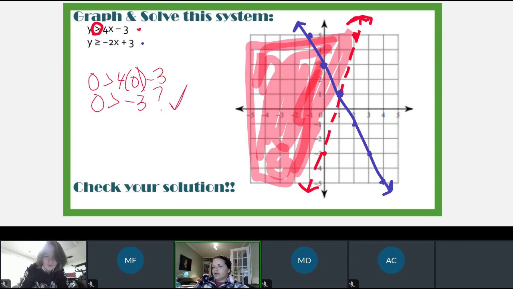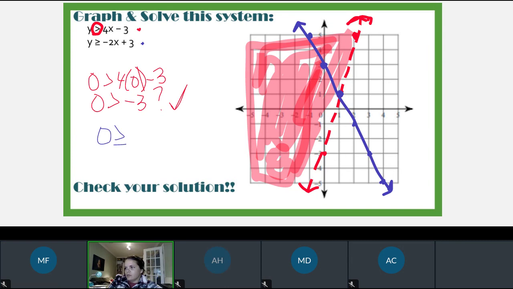Okay, now let's use 0, 0 as our test point again. So we have 0 is greater than or equal to negative 2x plus 3. But remember, instead of plugging in an x here, this should be a 0. So 2 times 0. So now I'm asking myself, is 0 greater than or equal to positive 3?